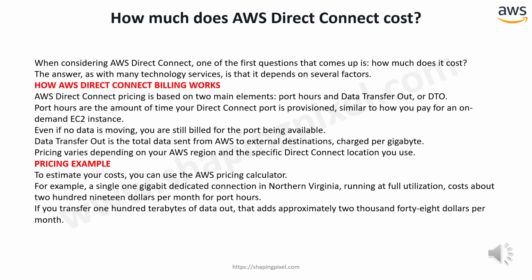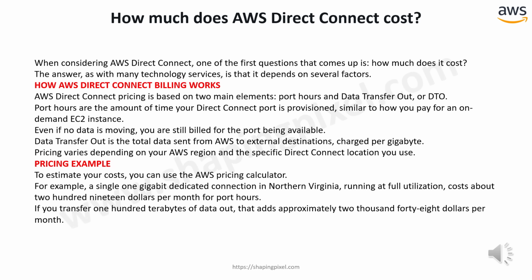Port hours are the amount of time your Direct Connect port is provisioned, similar to how you pay for an on-demand EC2 instance. Even if no data is moving, you are still billed for the port being available. Data transfer out is the total data sent from AWS to external destinations, charged per gigabyte.